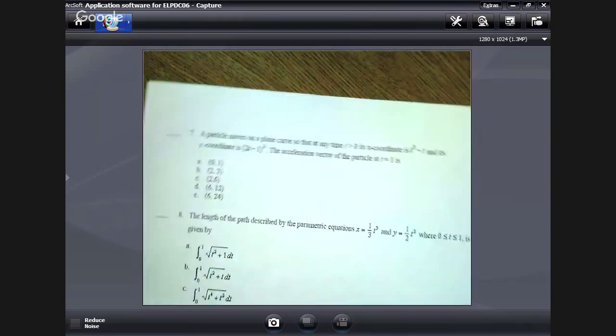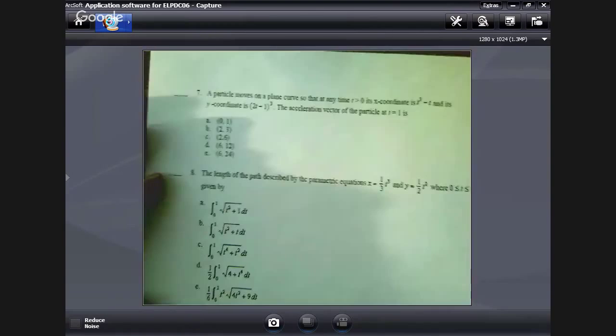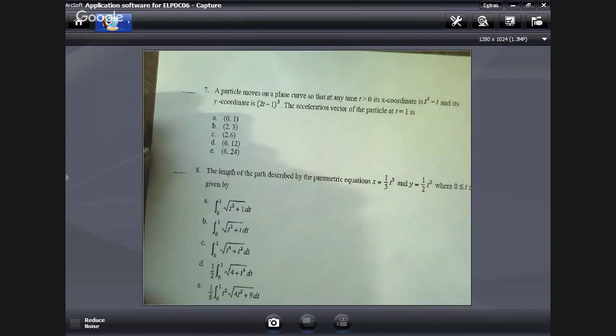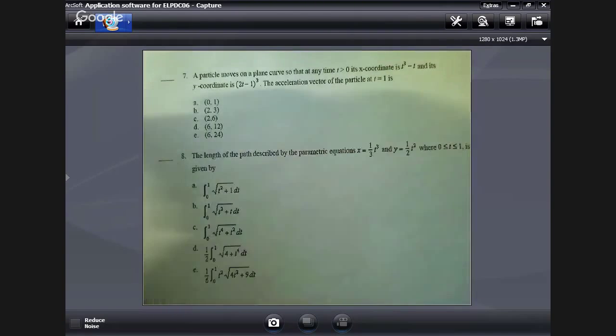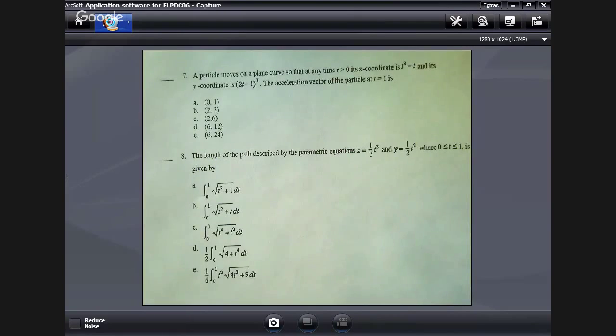Couple more, and then I'm going to stop. In fact, probably after these two, I'm going to stop. So number 7, a particle moves along a plane curve so that at any time t greater than 0, its x-coordinate is t cubed minus t, and its y-coordinate is (2t minus 1) cubed. What's the acceleration vector?